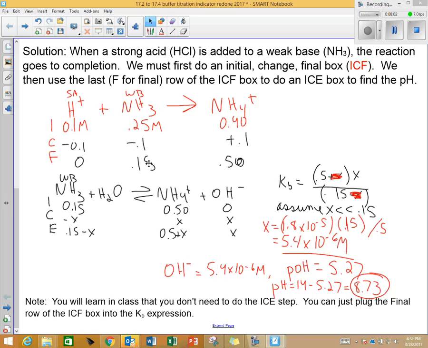So again, I will go over this in class. But the KB expression is NH4 times OH minus over NH3. We know the NH4, we know the NH3, the OH minus is the unknown, so that's our x. We solve for that, solve for pOH from knowing the OH minus, and get the pH.